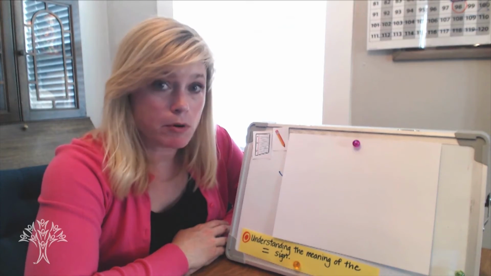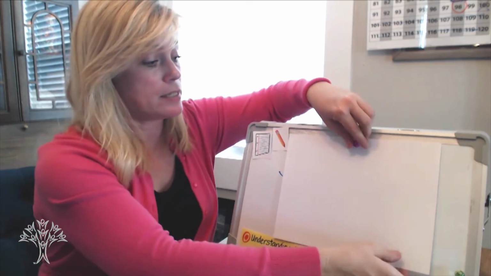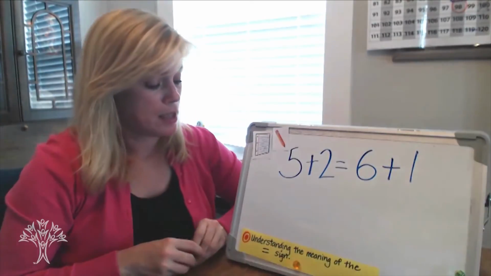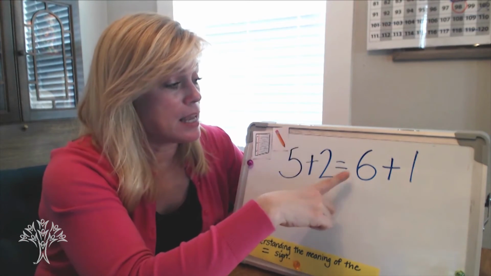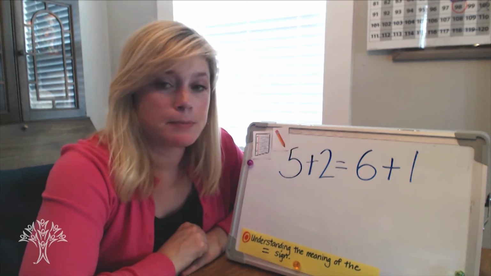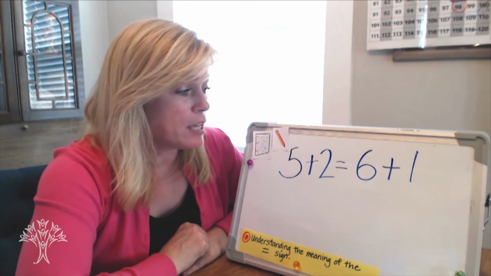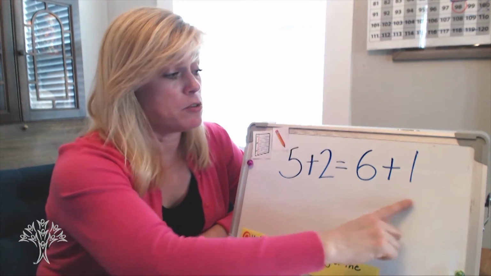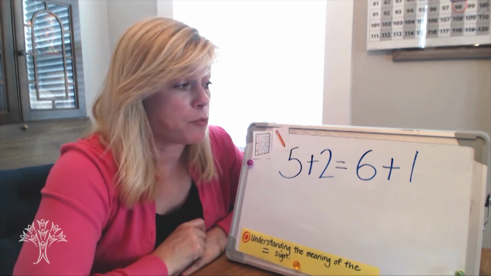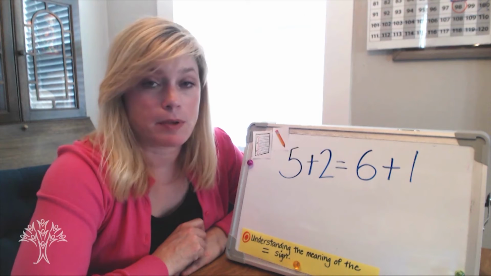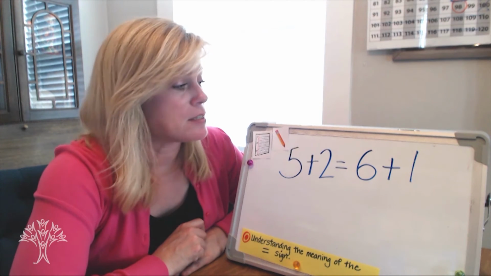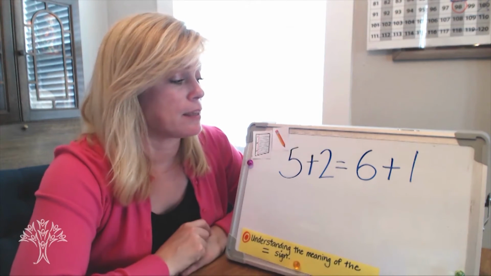So the expression that we're going to be looking at is this. 5 plus 2 is the same as 6 plus 1. So when you think about this, we might not be used to even seeing math written like this, but if we think about math as a form of communication, it gives us a different purpose for writing something like this.